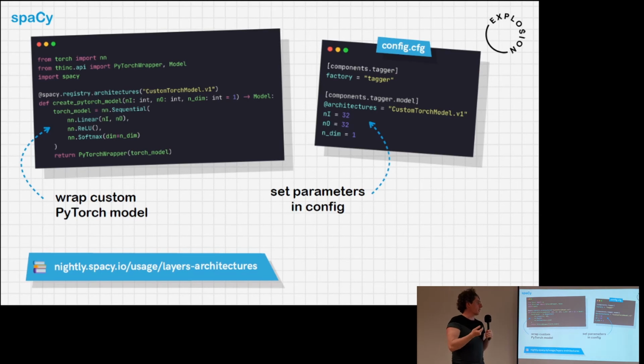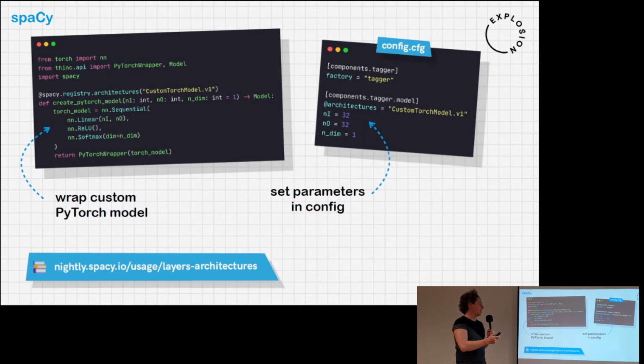So here's what this looks like in practice. Imagine here that you have a custom PyTorch model. In practice, these could be quite complicated, so we wanted to keep this simple. All this is doing is creating one layer with things that you could easily do in a number of different ways.